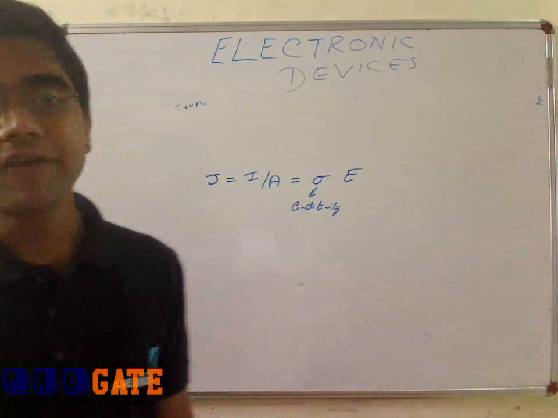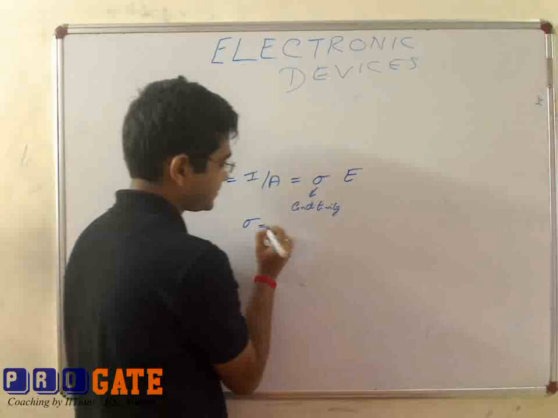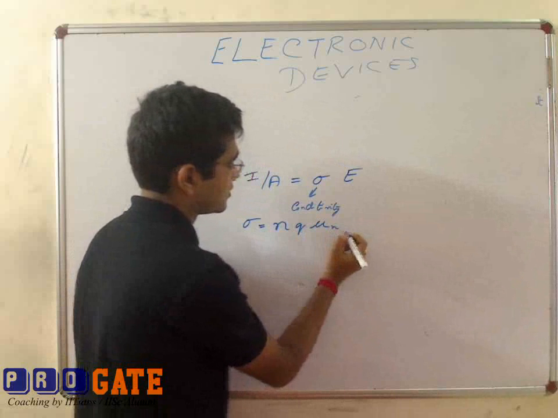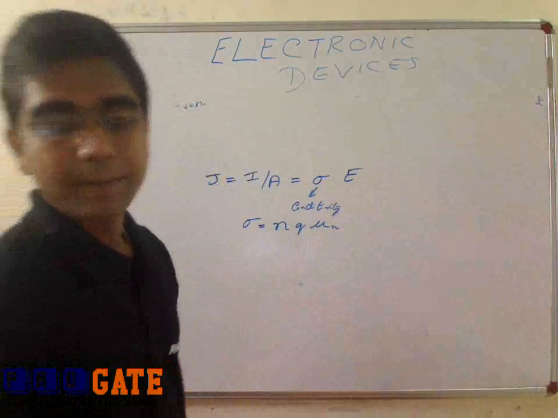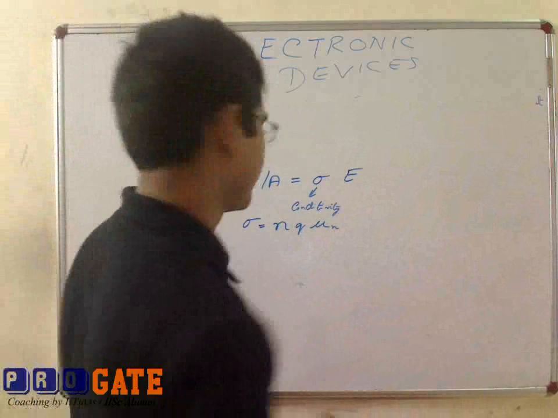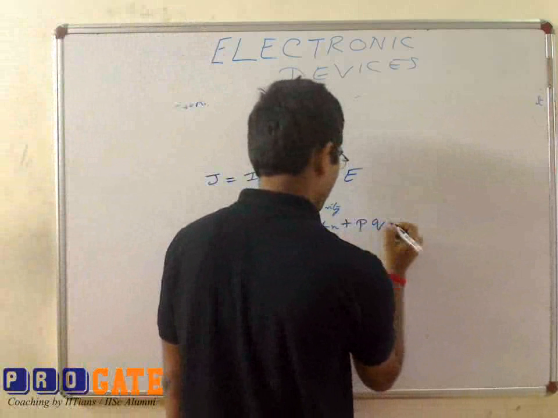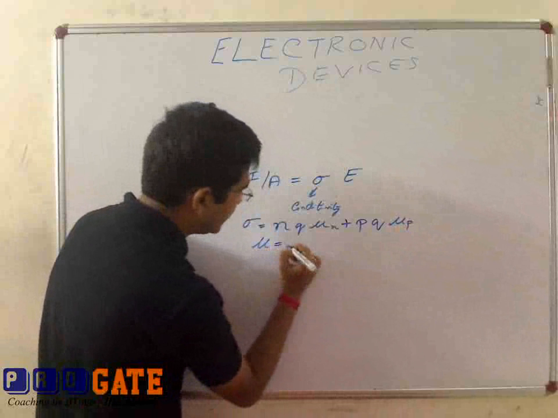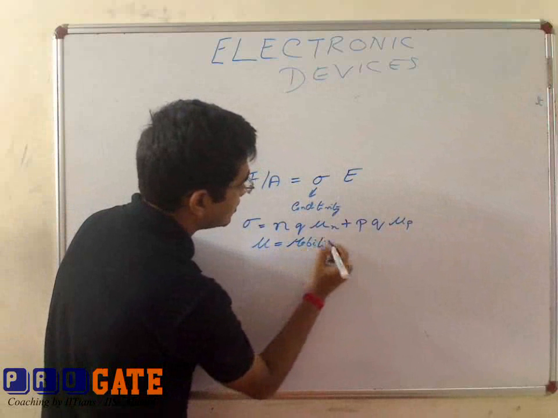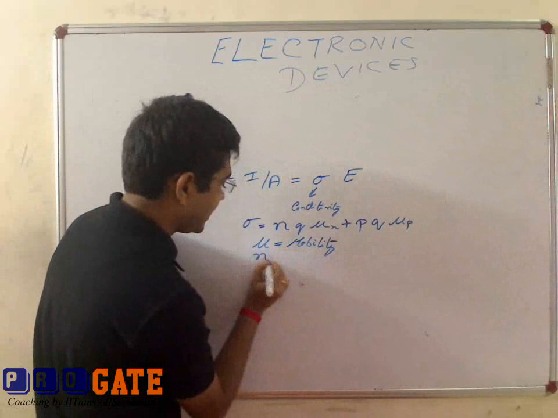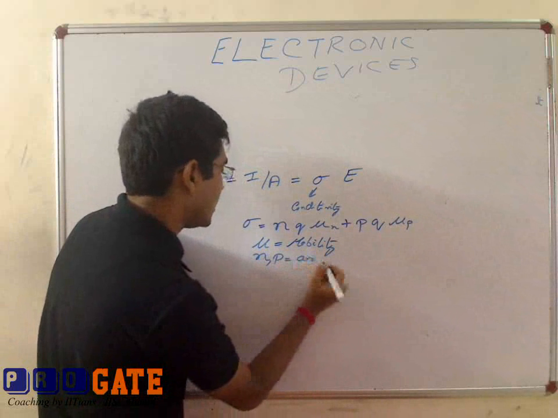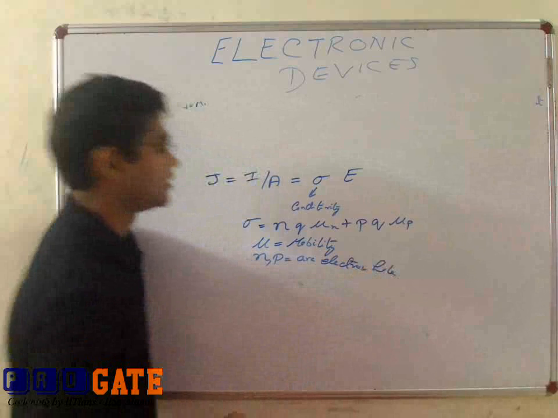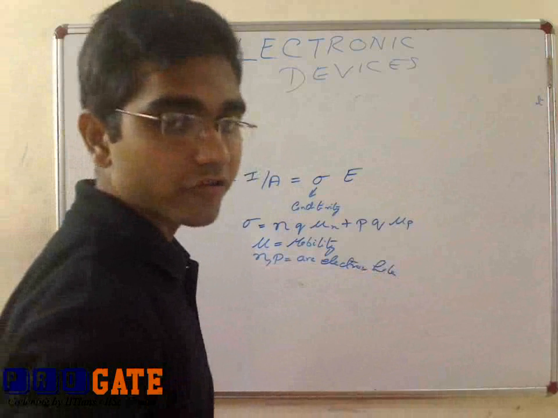Now, how can we define sigma? Sigma can be defined as N Q mu N plus P Q mu P, where mu is the mobility, and N, P are the electron and hole concentrations.